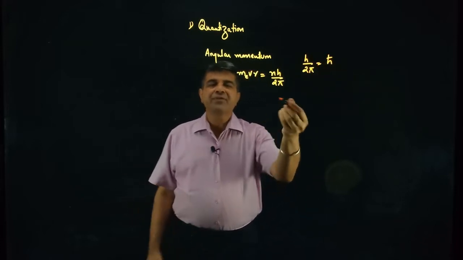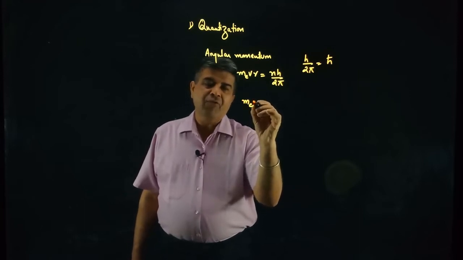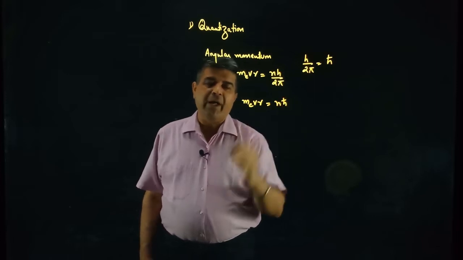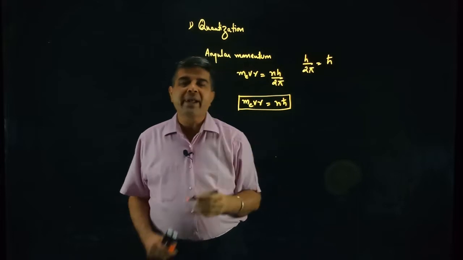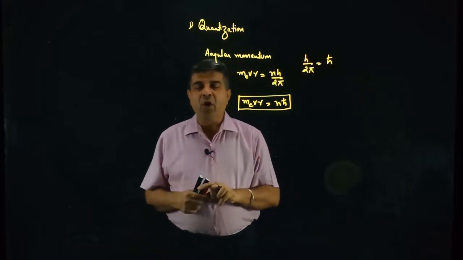So I can write this formula as m v r is n h bar. So this was the quantized angular momentum for an electron in an orbit.